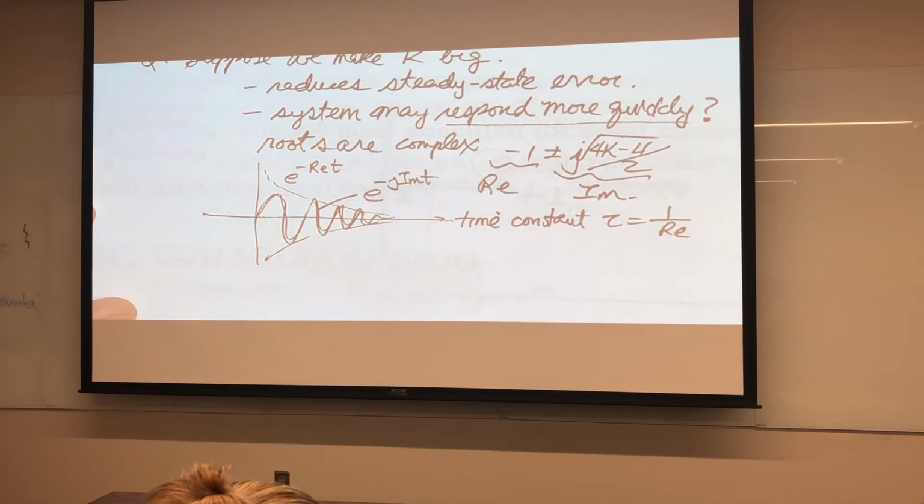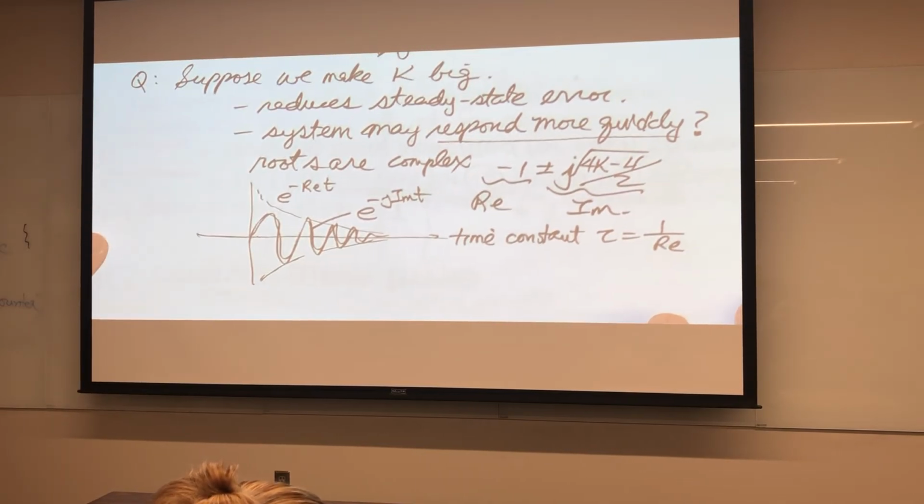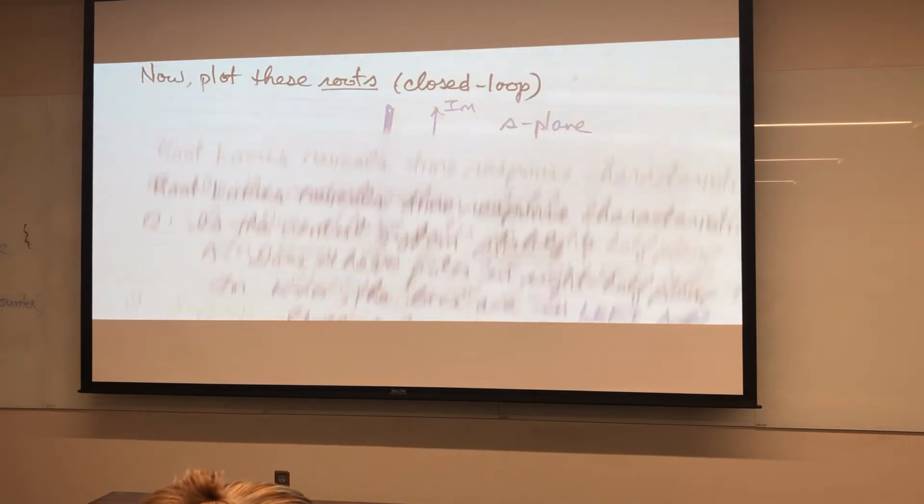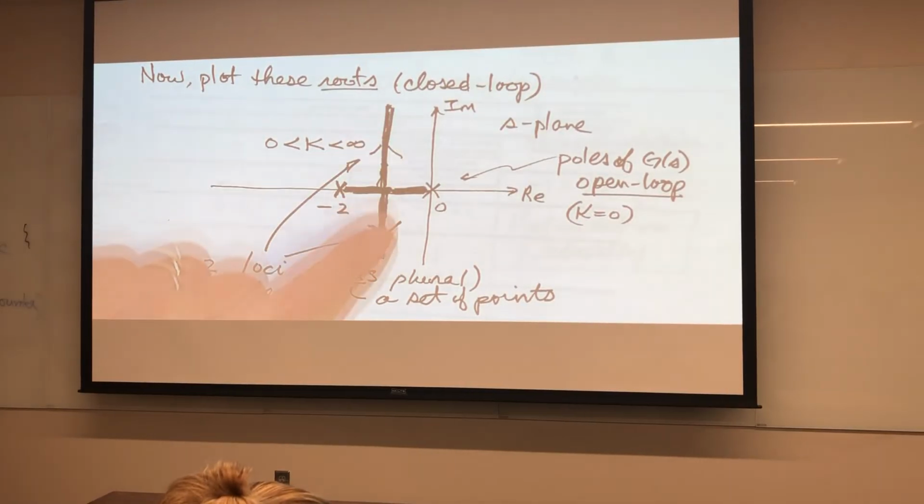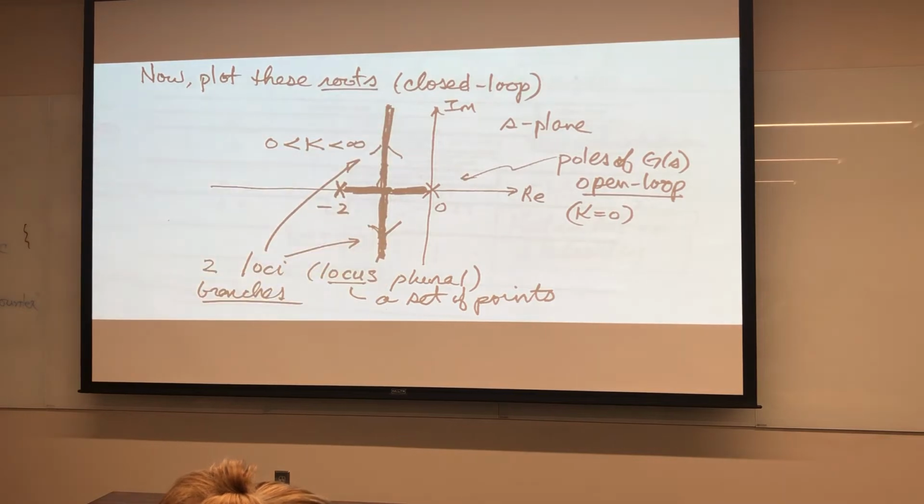And so our conclusion here is that as k gets bigger, the roots become more imaginary. So in this particular case, as k increases, the imaginary part gets bigger.